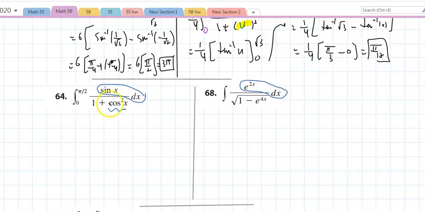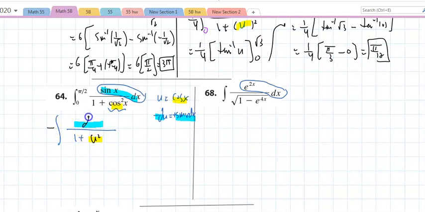What do you take a derivative of to get sine? You take a derivative of cosine. That's how you start. You say, okay, I have a cosine, so I'm in good shape. du is the sine of x dx with a negative. So I could switch that. This is the integral, 1 plus, and if I put that u in, that becomes a u squared, and this is simply negative du.